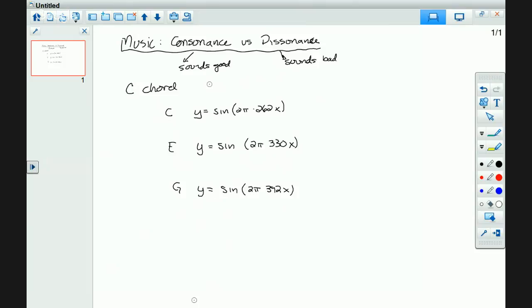Most people would say if you played a C chord on the piano or the guitar, it sounds good, just because of certain mathematical properties. So I've shown you the graphs, but let's look at them again.